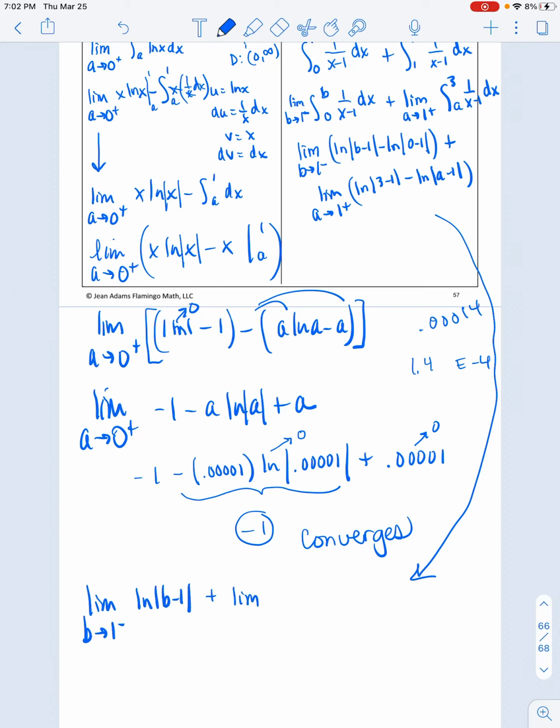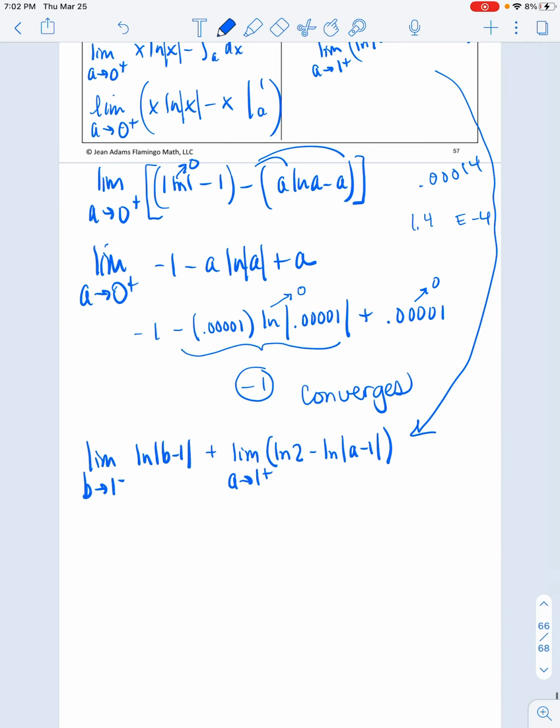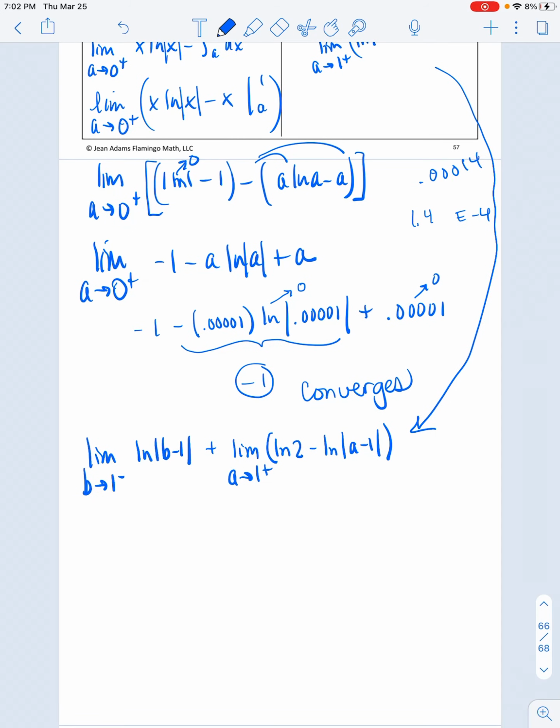And ln of 1 is 0. So plus limit as a goes to 1 from the right, you've got ln 2 minus ln absolute value of a minus 1. So that one, you still had a value.